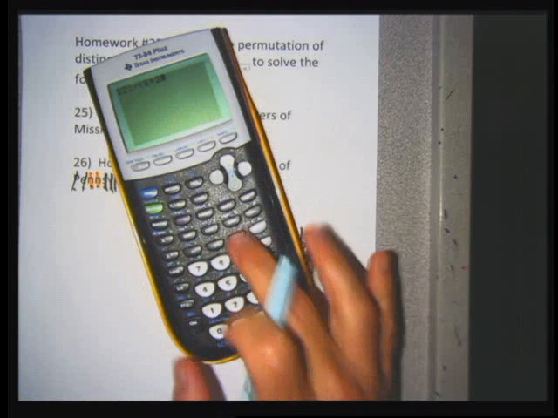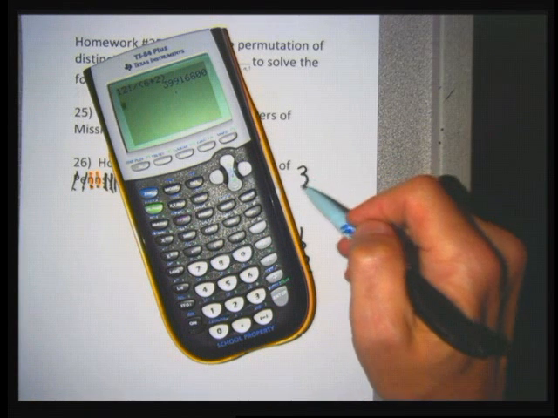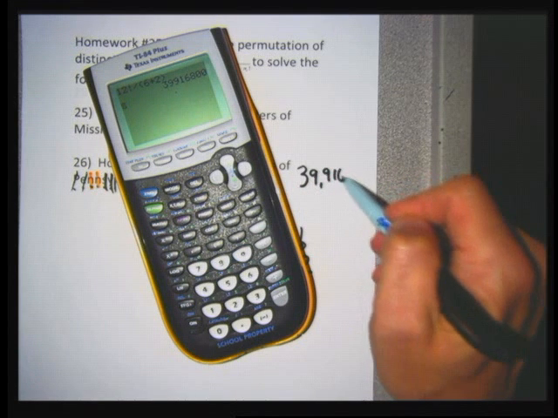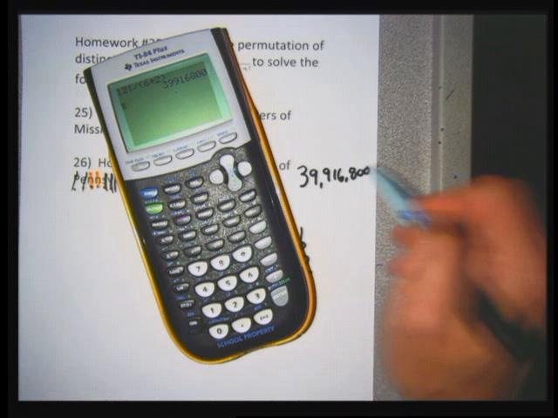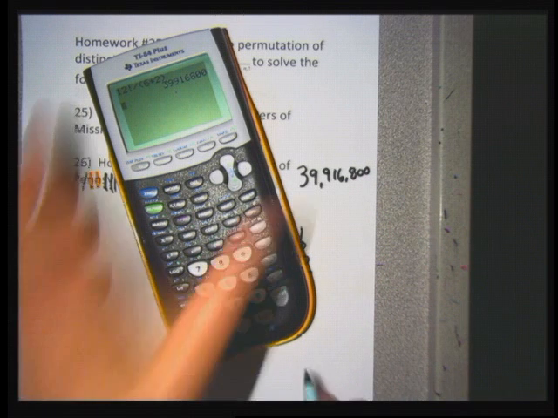And for the word Pennsylvania, there's 39,916,800 different ways you could arrange the letters in Pennsylvania and have them look different.